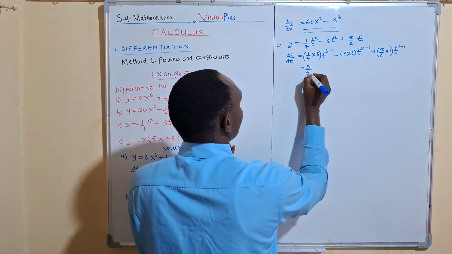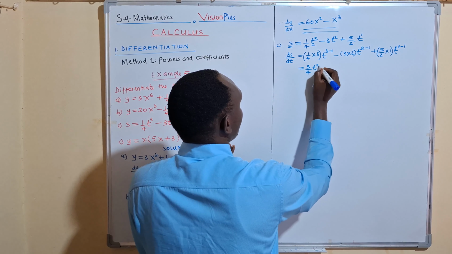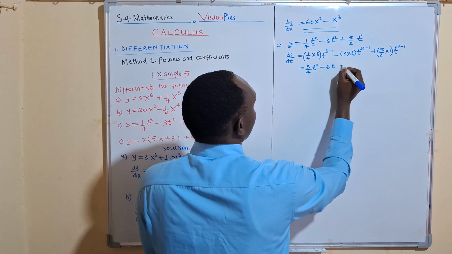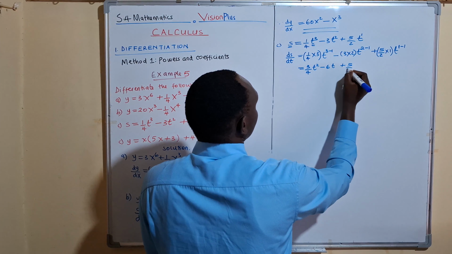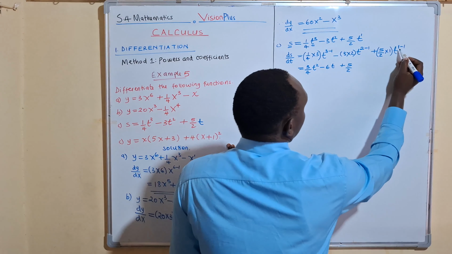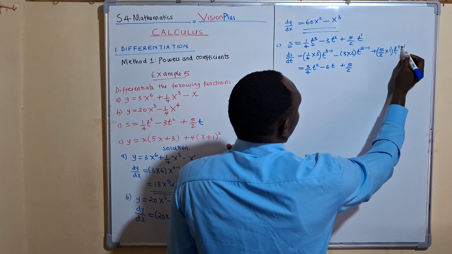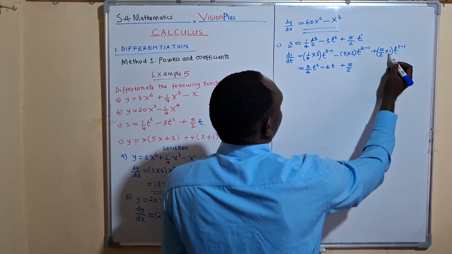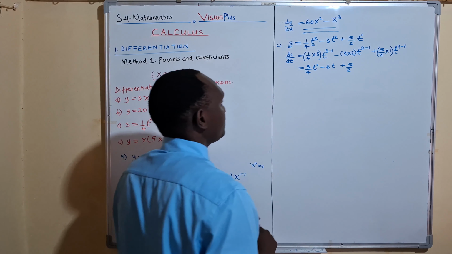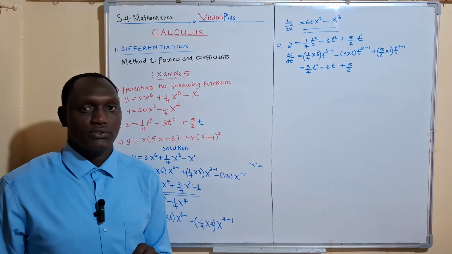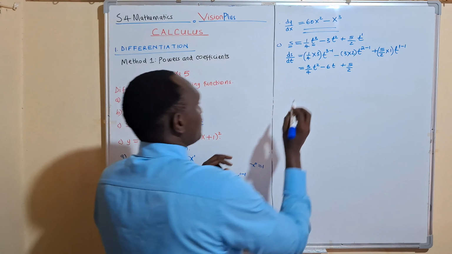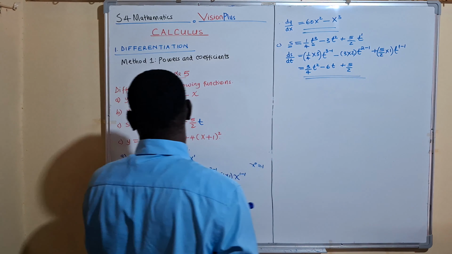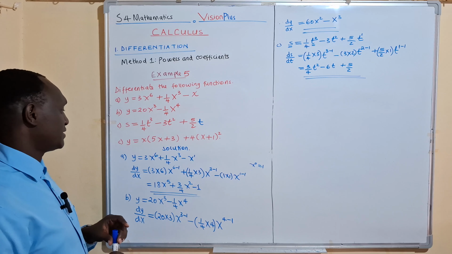This gives us here 3 out of 4 t squared minus 6t plus 5 out of 2, because t power 1 minus 1 is 0. T to power 0 is 1. So 5 out of 2 times 1 is 5 out of 2. So that is the solution for part C. This is the derivative of the function s.